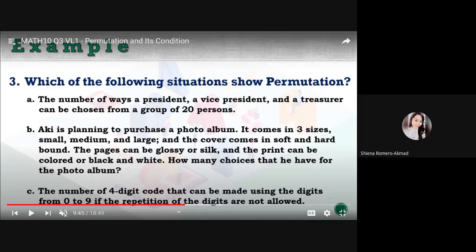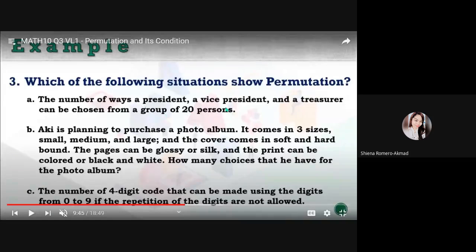So, if you chose a different person for that position, and when you encounter a situation or problem that pertains to a certain position, like for example, a vice president, president, first champion, first runner-up, second runner-up, as long as a position is mentioned, that usually pertains to permutation.